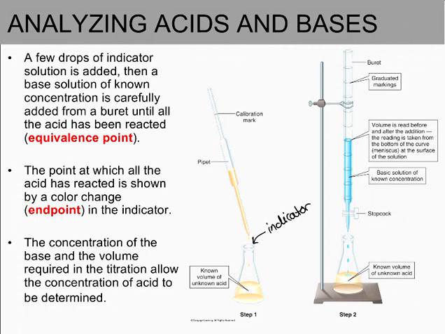Okay, so once we've added our indicator, then we're going to add a solution of base. And that solution has a known concentration. So we'll add a basic solution of known concentration. And the way we're going to deliver that solution is using something called a burette.